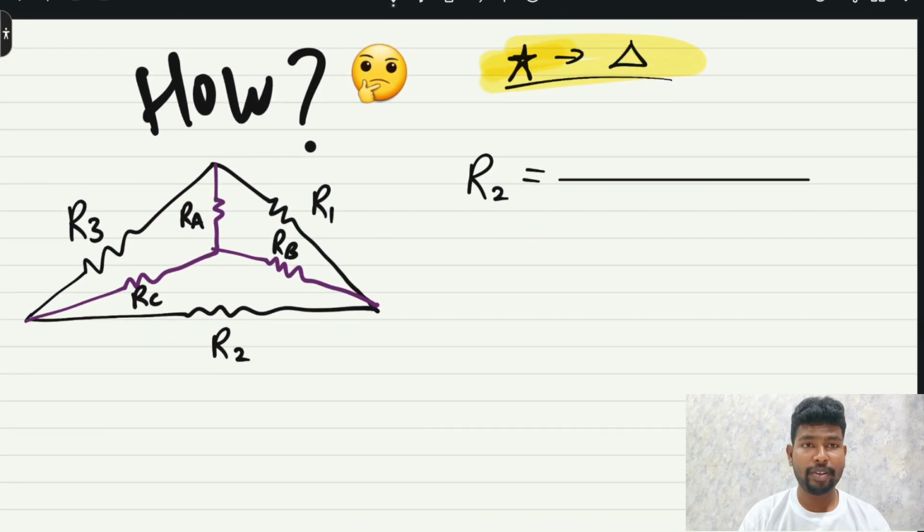Just now we looked at the formula, so let's derive the value for R2. How do we derive R2? It's super simple.